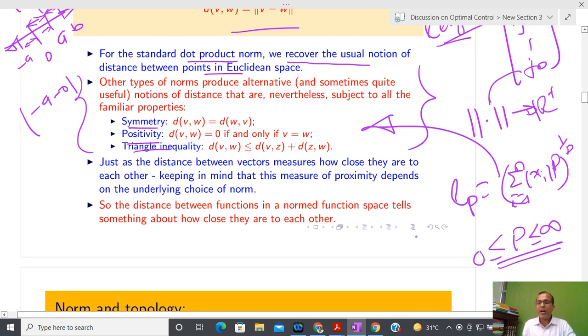Now I have infinite choices, and due to that reason, if you try to measure the distance between two quantities, whatever number comes into the picture is different. Suppose that you have points A and B. If you measure in millimeters, the numbers that come into the picture are different, and in centimeters, the numbers are different.